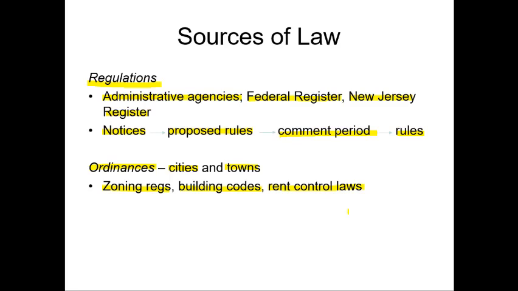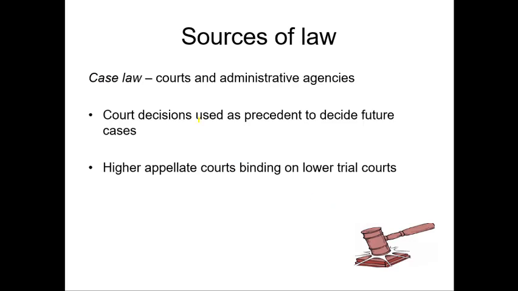Now, case law is considered the type of law that courts and administrative agencies enact, so to speak, in their rulings. For example, if a court makes a ruling, then all the courts that are below the jurisdiction of that court have to abide by that ruling.